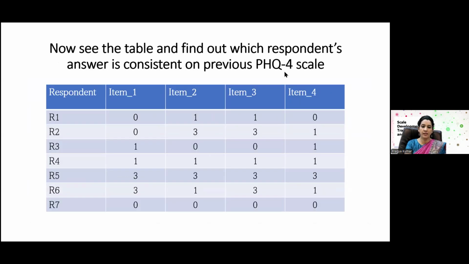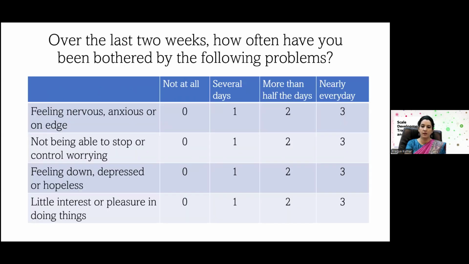Now see this table and find out which respondent's answers are consistent on the previous PHQ4 scale. So there are 7 respondents here: 1, 2, 3, 4, 5, 6, 7. And these are the answers to the responses. You can see the questions. So 3 is nearly every day, and 0 is never.